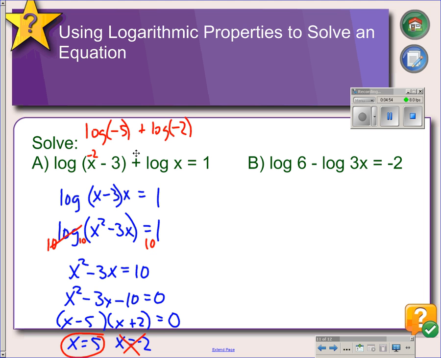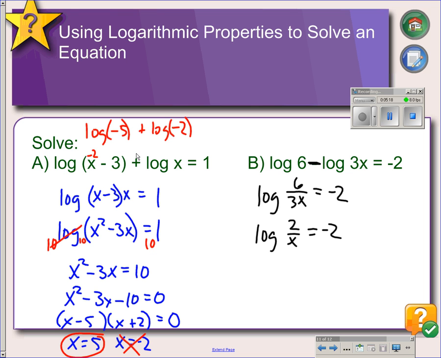In example B, we're going to again condense the log. This one is subtraction. Subtraction, we know, turns into a division, so we have 6 divided by 3x. The 6 and the 3x will reduce, so we have log of 2 over x.